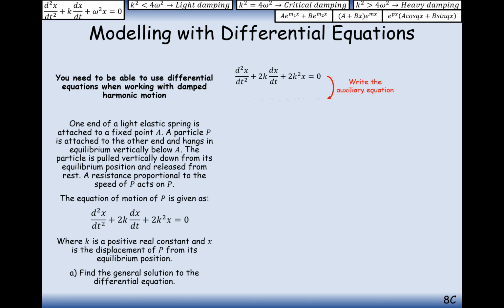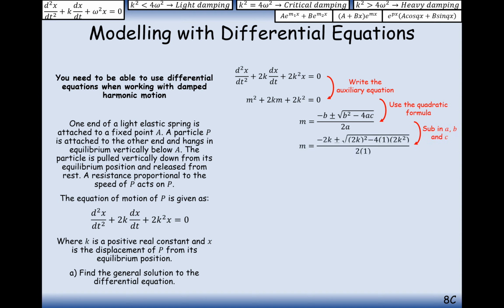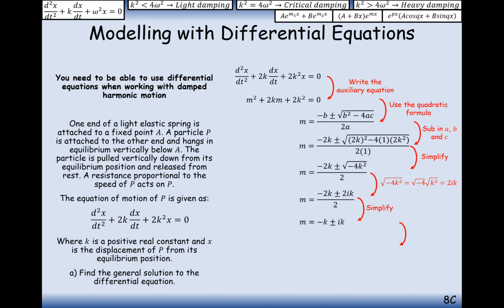So let's go ahead and do that then. Write down the auxiliary equation. This one doesn't factorize, so we'll have to get out our quadratic formula. Our quadratic formula tells us that we get solutions of minus k plus or minus ki. So we're going to have complex roots here, so we're going to need the complex form of the answer.